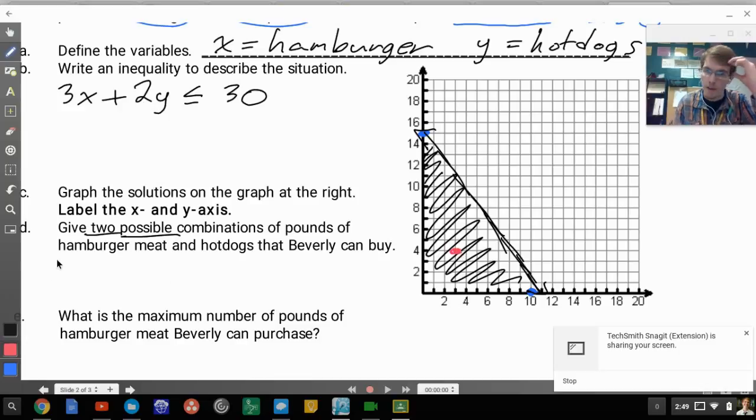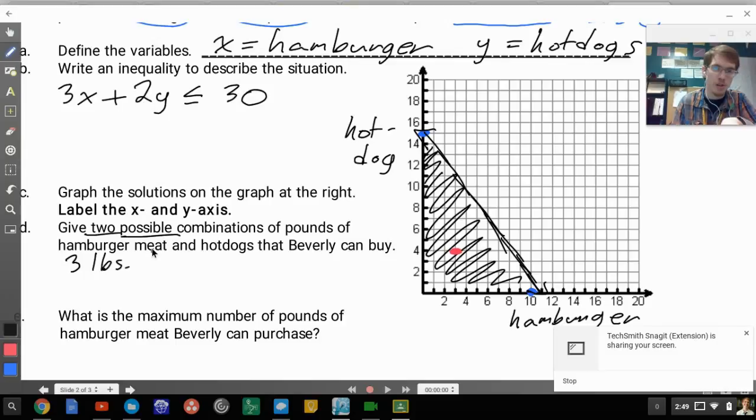That would be 3. Oh dear, I didn't label my axes down here. We had hamburger down here. Hamburger and hot dog. So 3, 4 would be 3 pounds of hamburger, 4 pounds of hot dog.